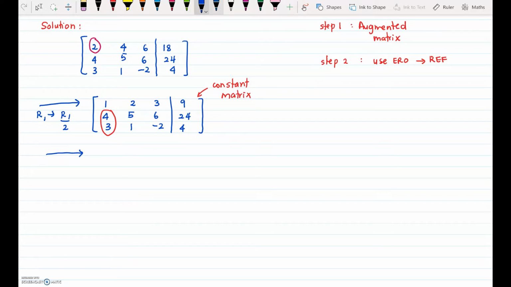So what we will have here is R2 will be R2 minus 4 times the leading one, R1, and then R3 will be R3 minus 3 times the leading one, which is your R1.